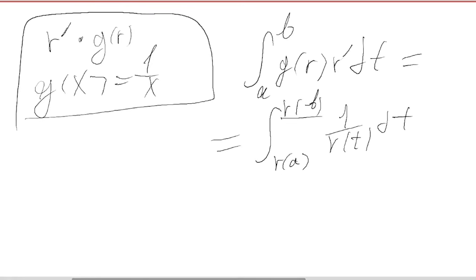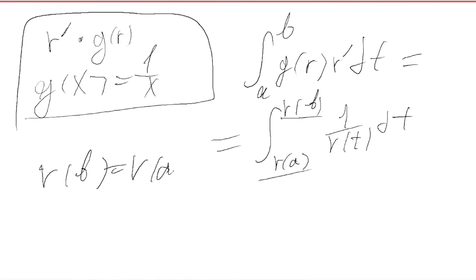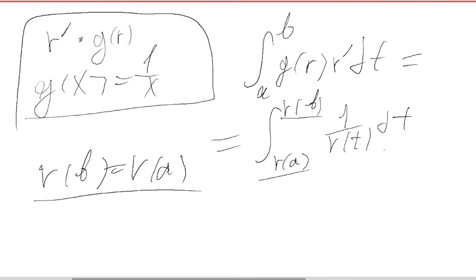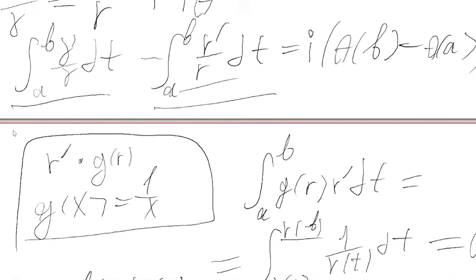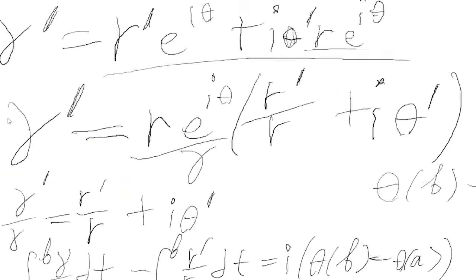Now the thing is, r of b is equal to r of a because the curve is closed, so this thing is going to be equal to 0. Alright, and yeah, that's about it. That's how we come here.